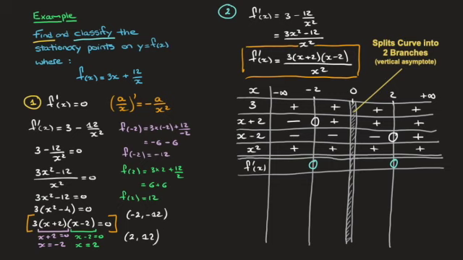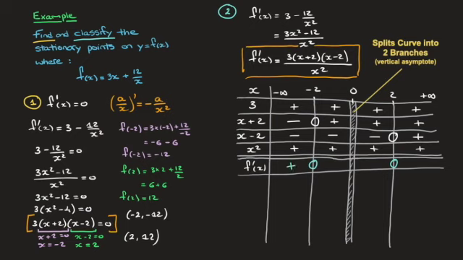Here's what I mean. For the first cell we have here, in other words, for x values between -∞ and -2 excluded, f dash of x will be positive times negative times positive, which will be positive. In the second cell, for x values between -2 and 0 excluded, f dash of x will be positive times negative times positive, which will be negative.